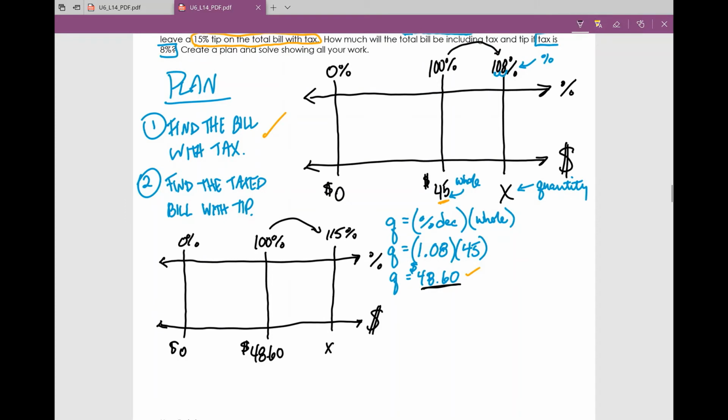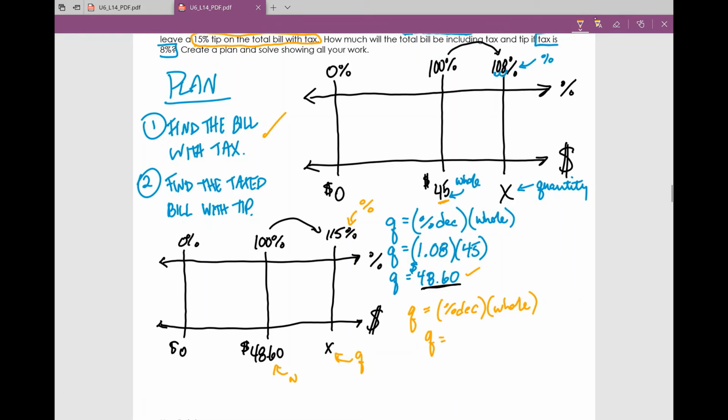So again, I'm going to take that equation. This time I'm going to use it in orange so we know our final answer is going to be represented by it. Quantity equals the percent as a decimal times the whole. And like we said, this is our new whole. This is our new quantity. And this is our new percent. So I'm just going to substitute.